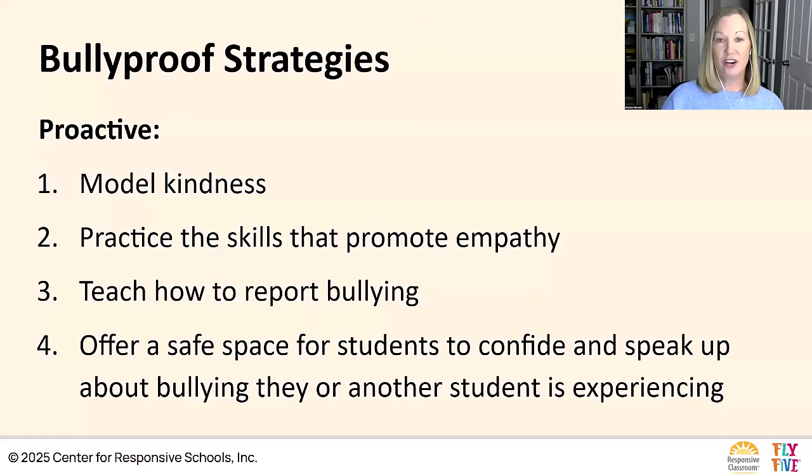And then some bully-proof strategies. So one of the most important things we can do is model kindness. We want to avoid labeling children as bullies and as victims to not trap them in those roles. So students can certainly have bullying behavior, but we don't want to label them as bullying.